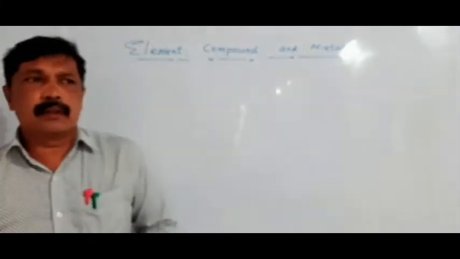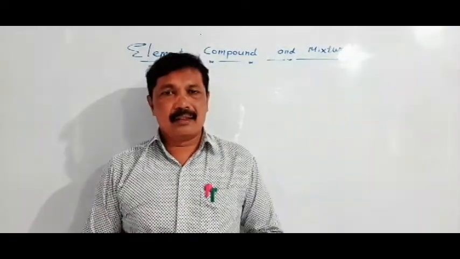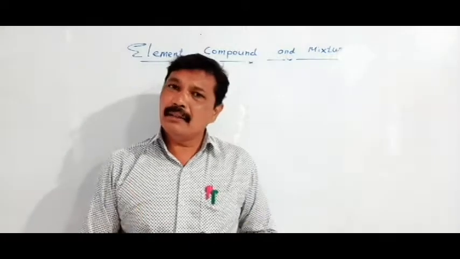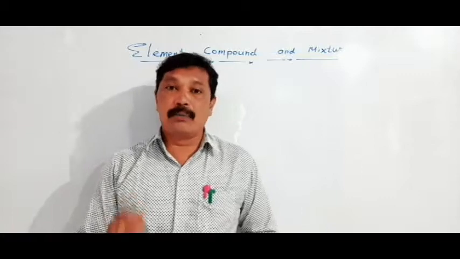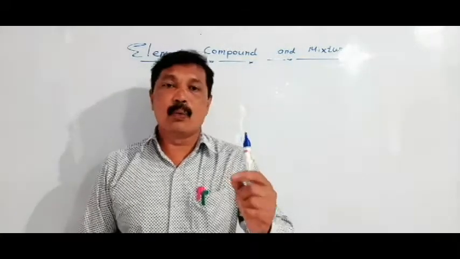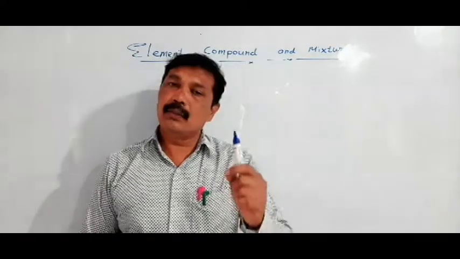My dear student, we know that an object has mass. It also occupies space. Therefore, we can say that an object has mass and volume. When it occupies space, we can say that it has volume.